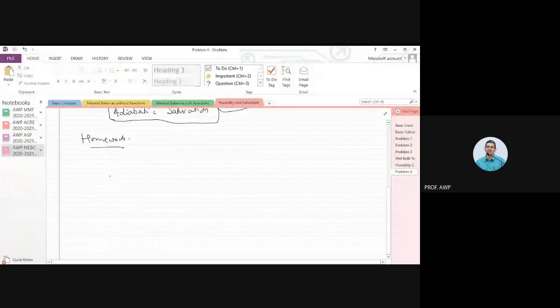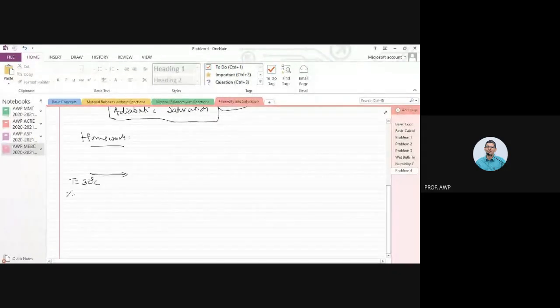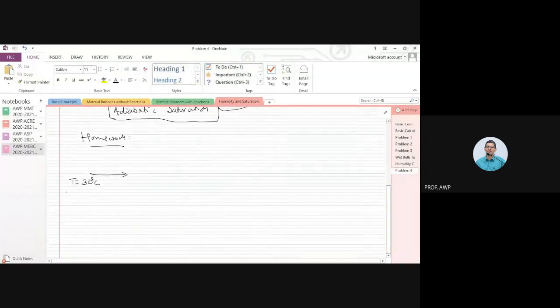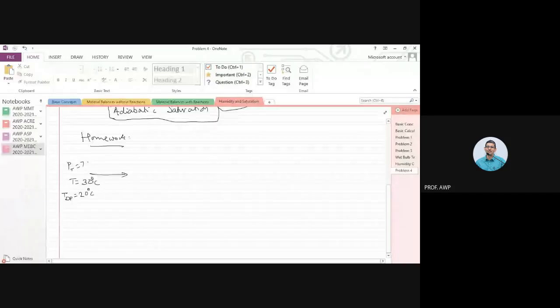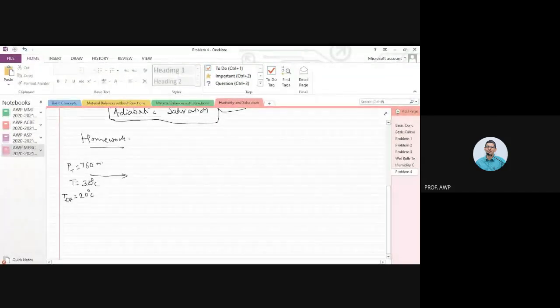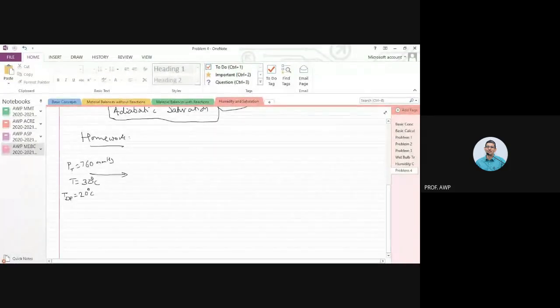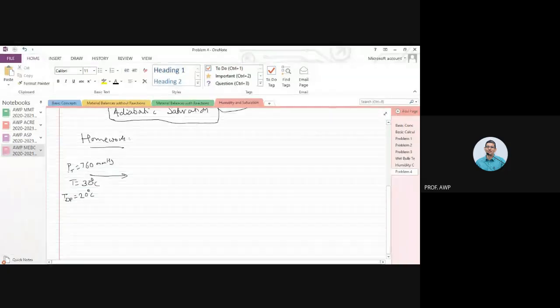Let's say incoming air is at 30 degrees centigrade. Let's give different things. Say dew point is 20 degrees centigrade. Say total pressure is 760 mmHg. Let's assume that total pressure is the same, 760 mmHg, throughout.